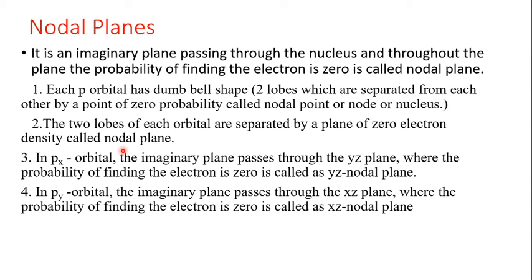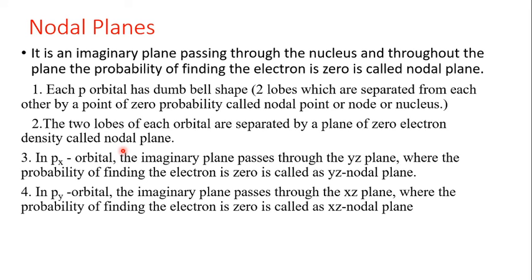So each p orbital has the dumbbell shape. That means it has two lobes separated from each other by a point of 0 probability called a nodal point or node or nucleus. The two lobes of each orbital are separated by a plane of 0 electron density called a nodal plane.